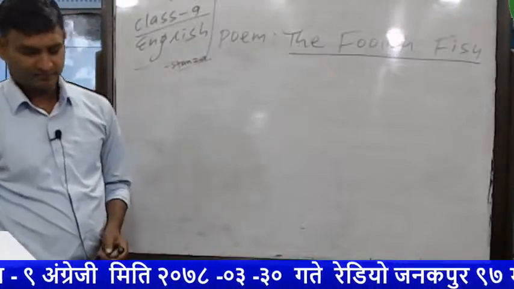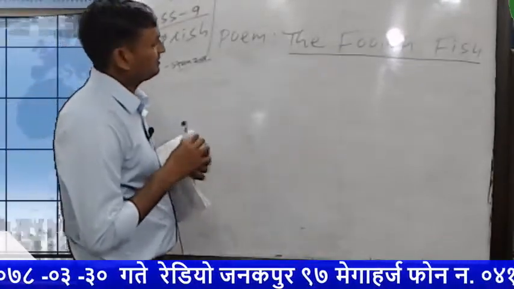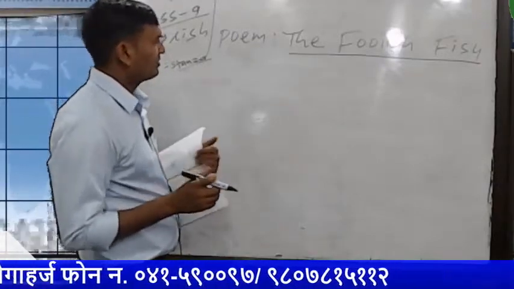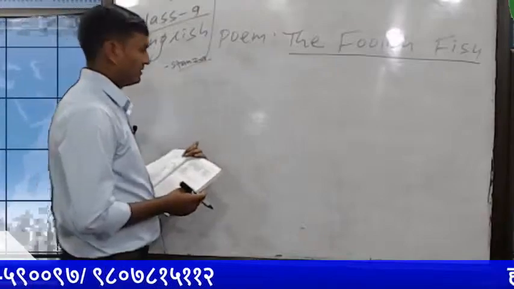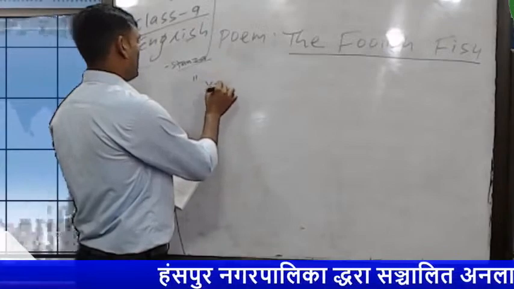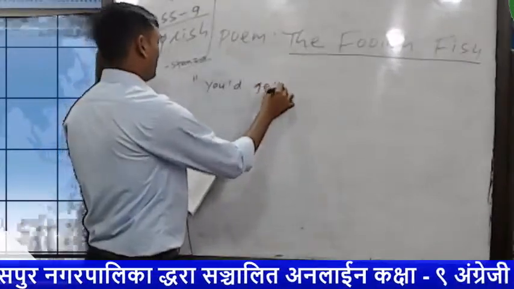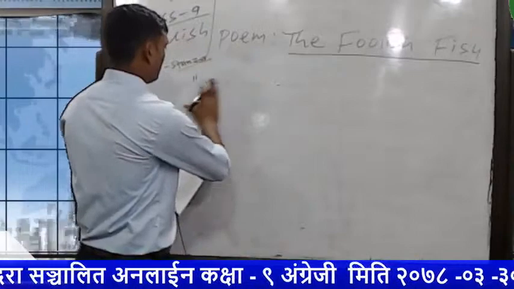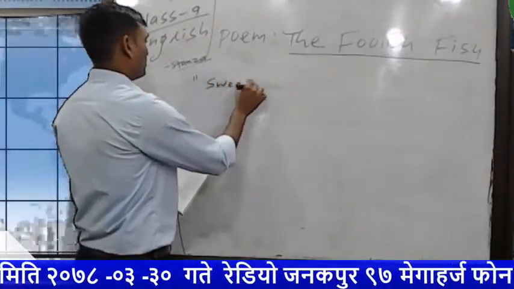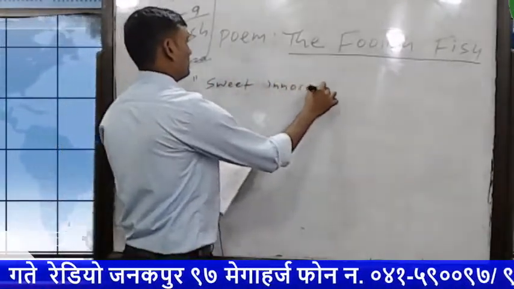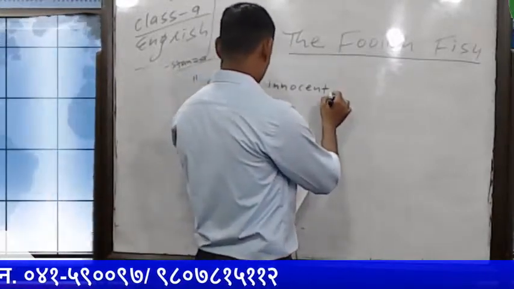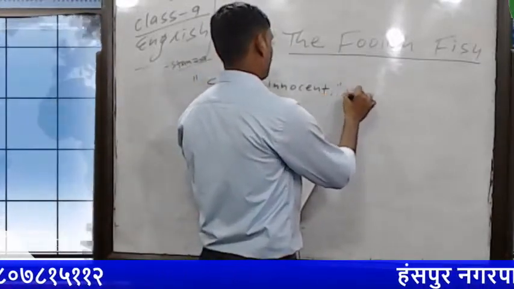Second stanza, it means first stanza, little fish said to his mother. In second stanza, I am going to write, you would get, not you would get. It means sweet innocent, the mother cried.